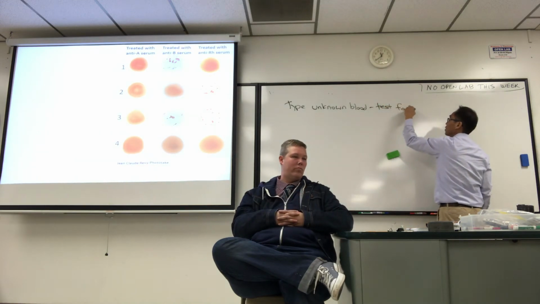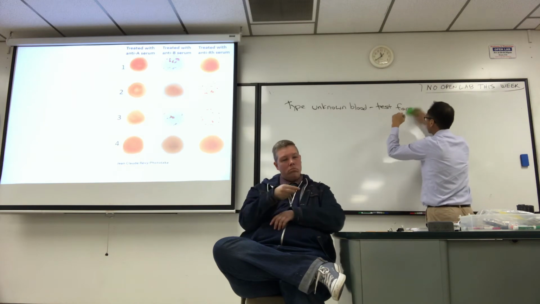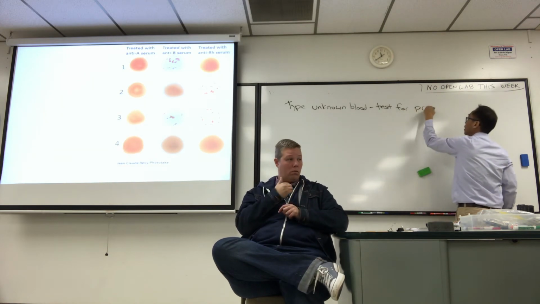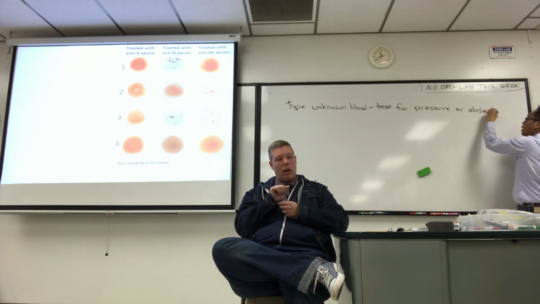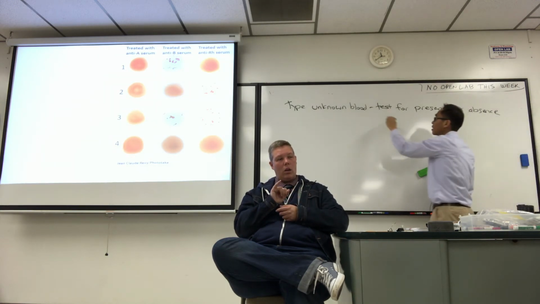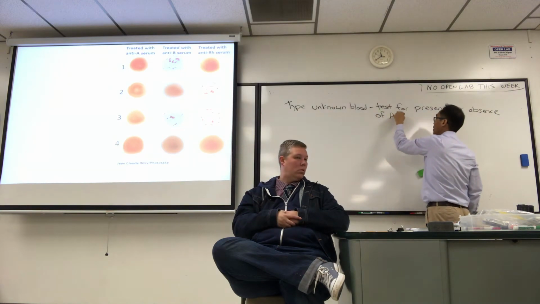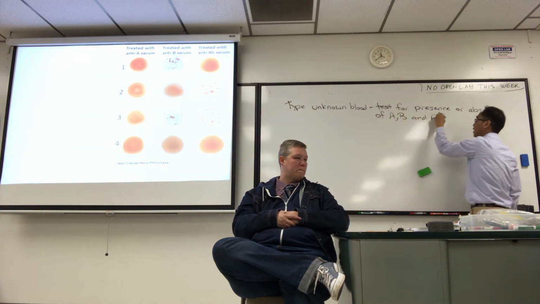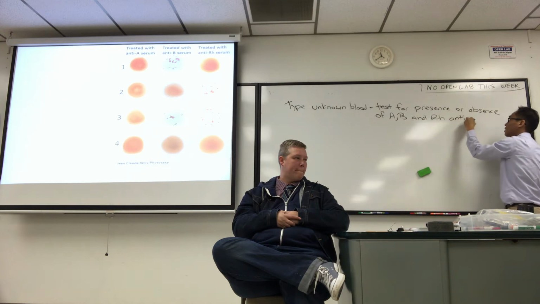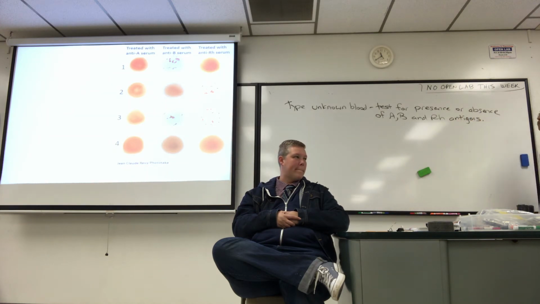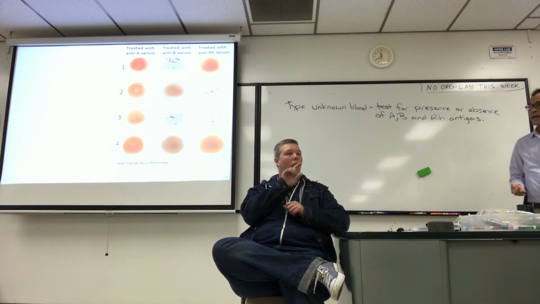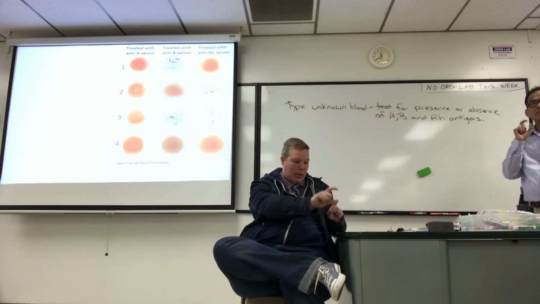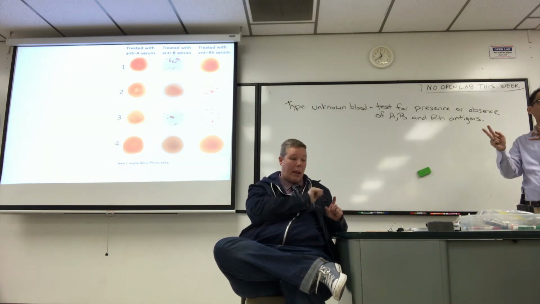Test for the presence or absence of A, B, and Rh antigens. Because you don't know. So what you do is in your lab, you keep little vials of antibody A, antibody B, antibody Rh. You have it on the shelf in your lab.